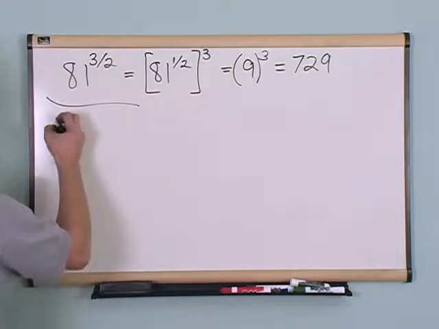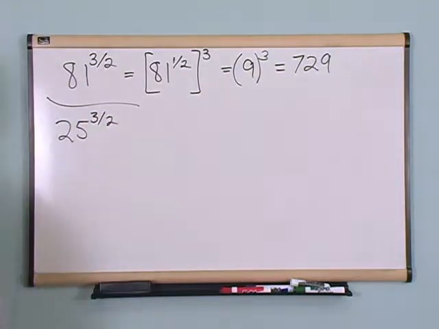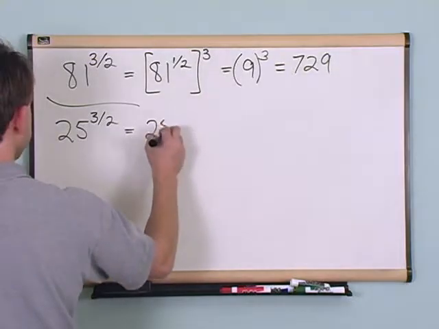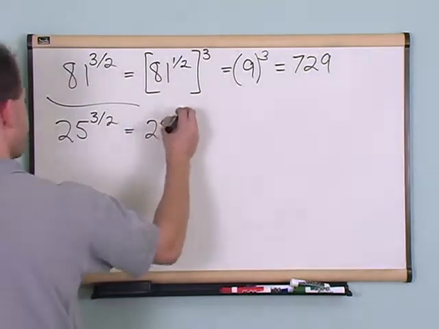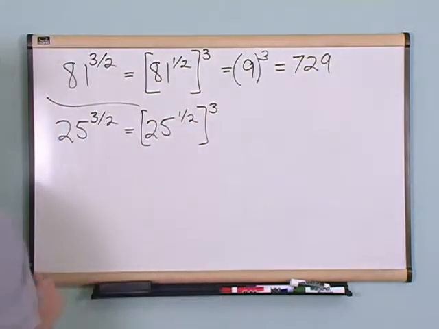What if you have 25 to the 3/2? Okay, that's just equal to, again, we're going to split it up, 25 to the 1/2, again raised to the 3rd power.